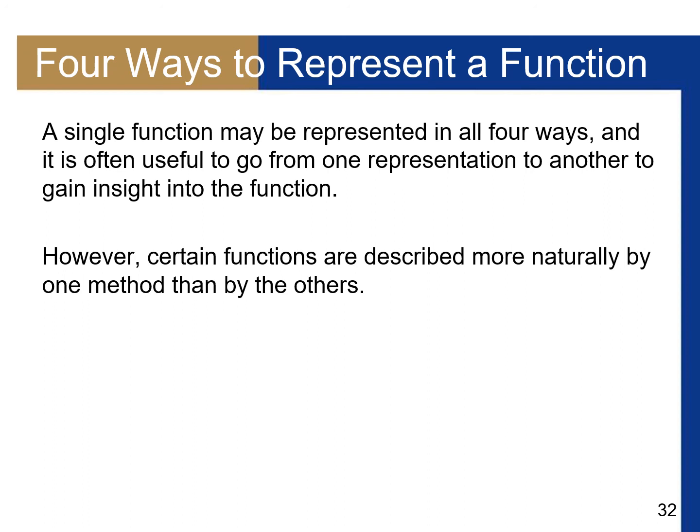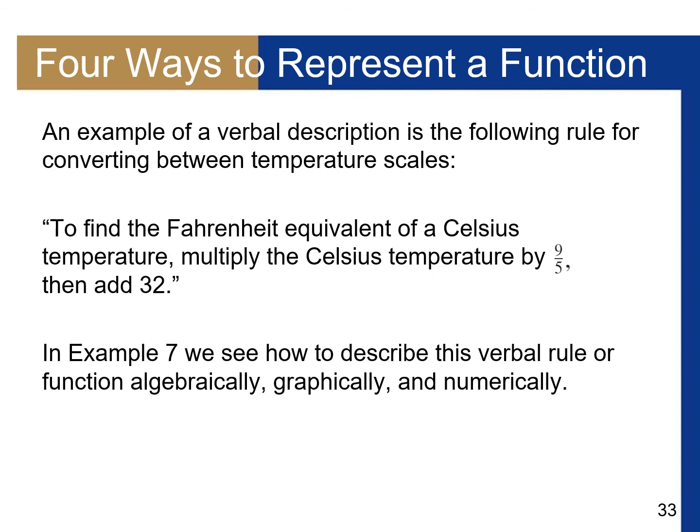If you take a single function, you can represent it in all 4 ways, and certain functions can be described more naturally by one method than another. So an example of a verbal description, if we're looking at temperature, we would say to find the Fahrenheit equivalent to a Celsius temperature, multiply the Celsius by 9/5 and then add 32.